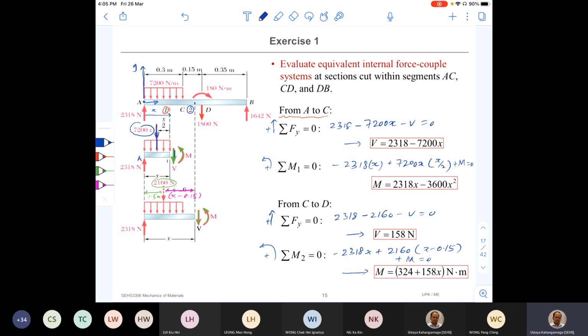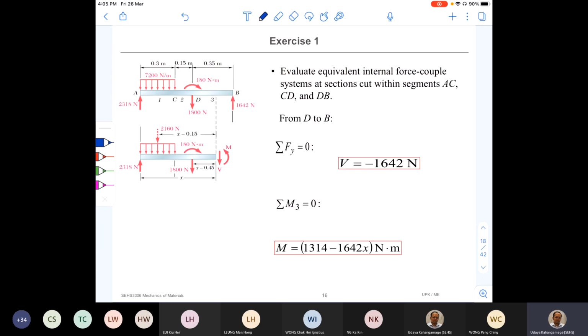Okay, so now we can construct the two diagrams, shear force diagram and bending moment diagram between C and D using these two equations. And the last one is to define the equations between D and B. So I cut the beam at point 3.